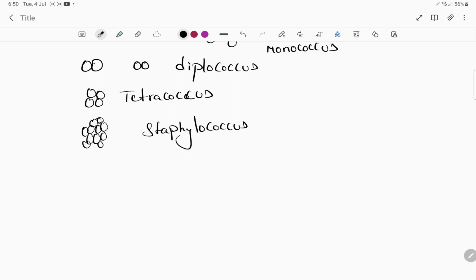If they occur as a chain, streptococcus, right? And if the cells are arranged in the arrangement of a cube, then we call it Sarcina.